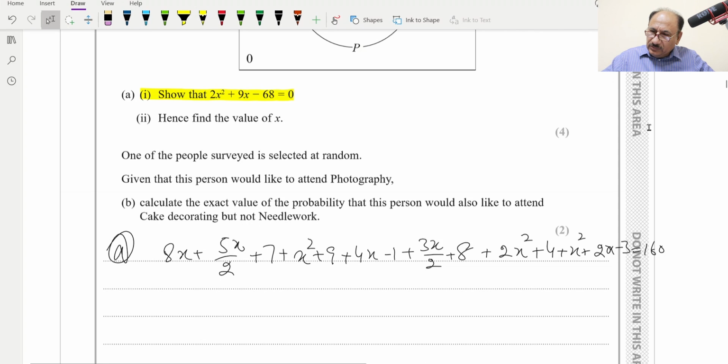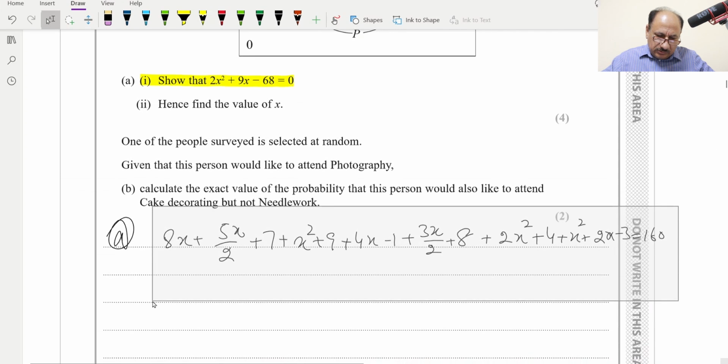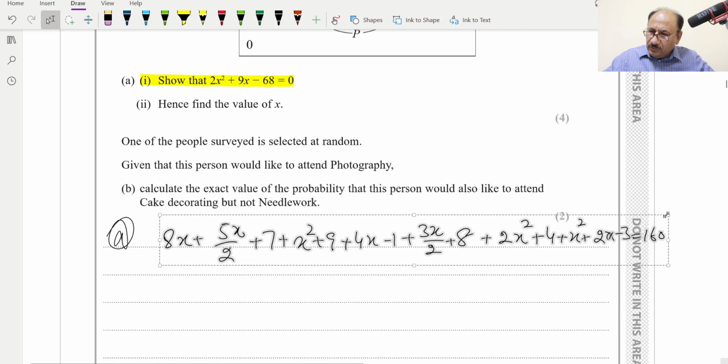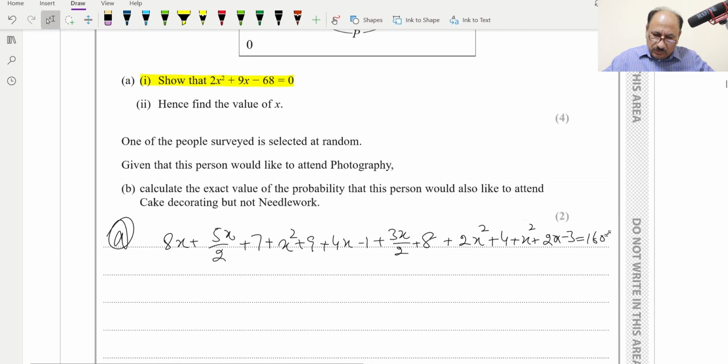I will just reduce its size so that it fits within this one.